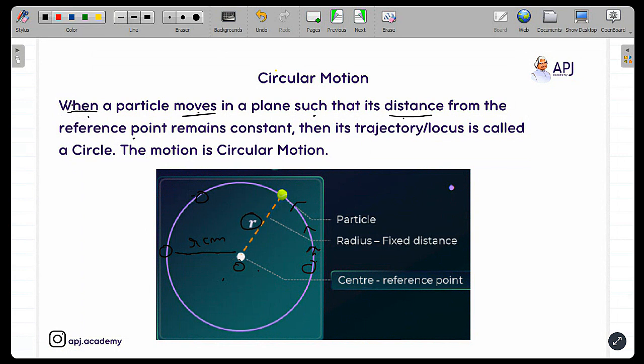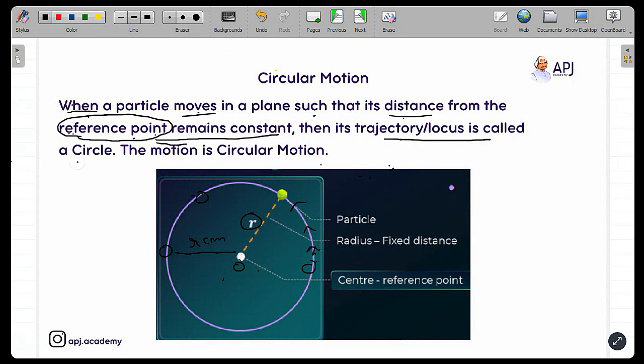So what does circle mean? A motion that can be defined as: when you move along a constant distance with respect to a reference point or a central point, then its trajectory or locus is called a circle.